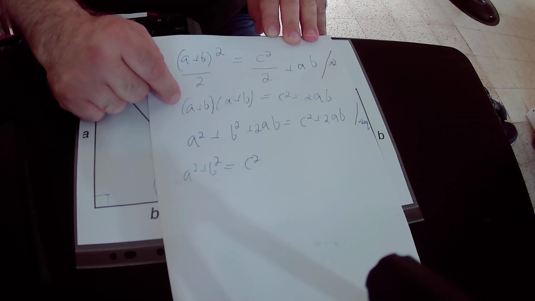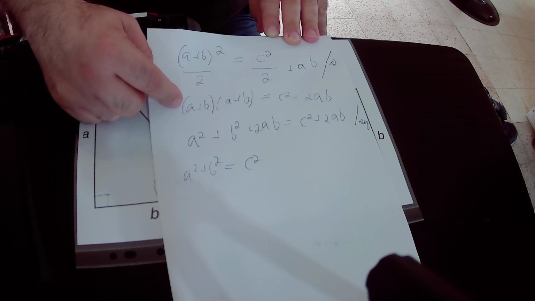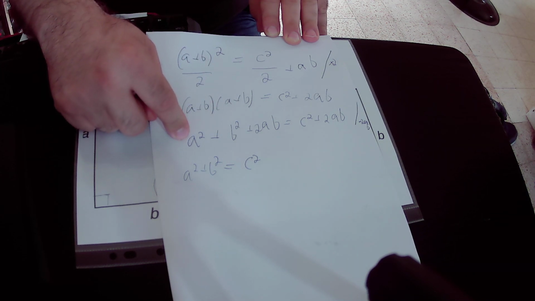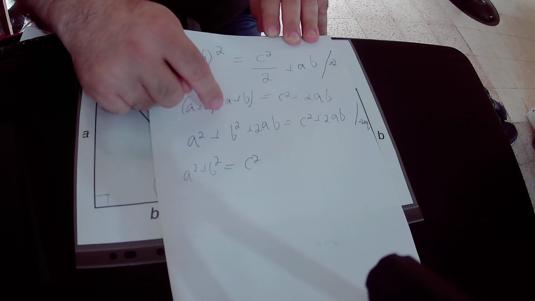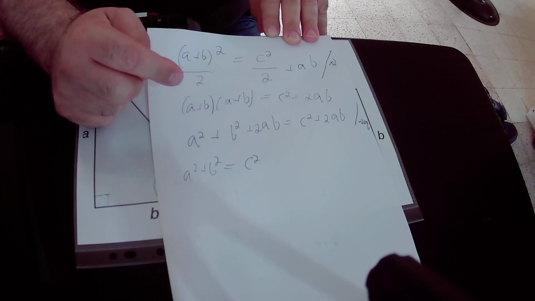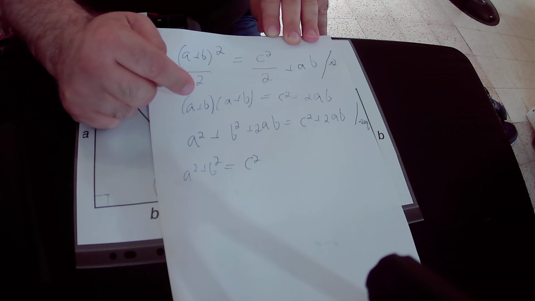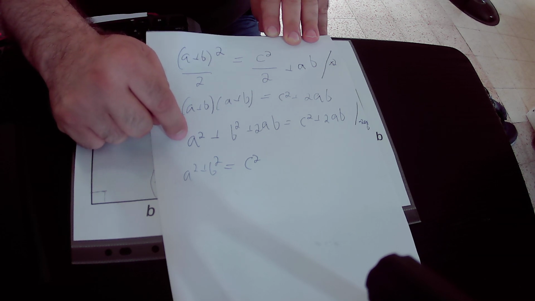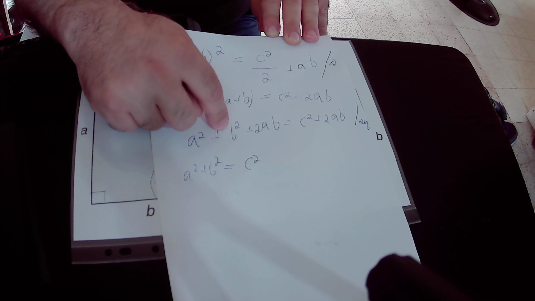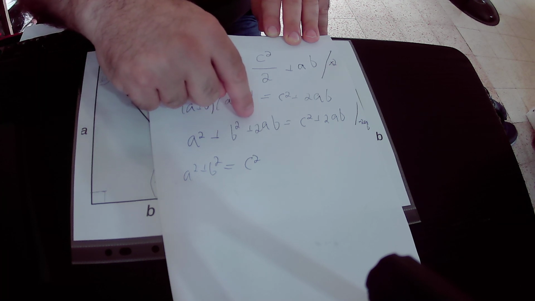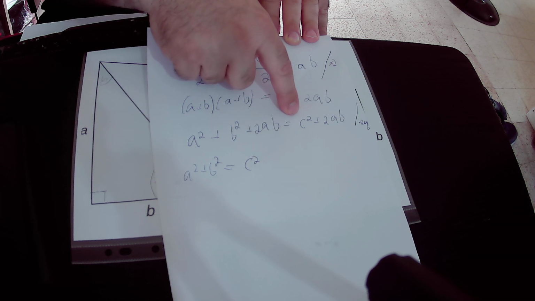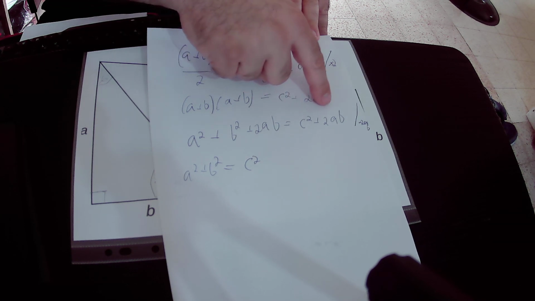So we open the brackets, and we get a squared plus b squared plus 2ab equals c squared plus 2ab.